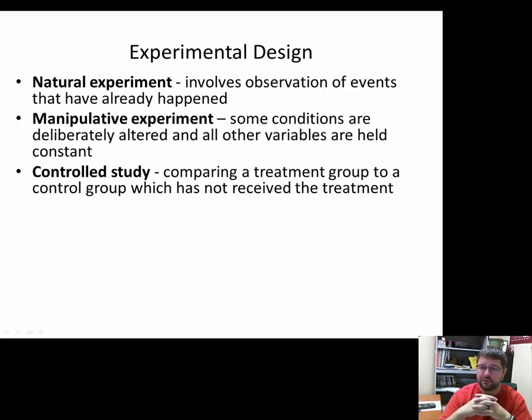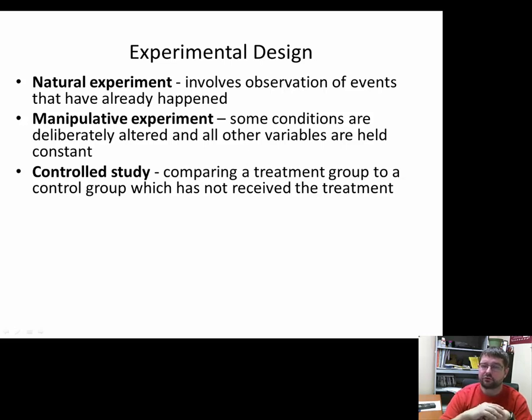Now, sometimes it can be done, with different lighting, or setting up your own mesocosms and things like that, which are basically your own ecosystems, and changing a variable in each one of those ecosystems while everything else is held as constant as possible.